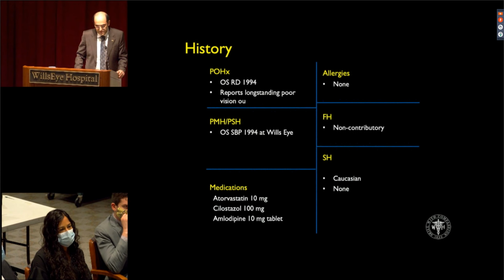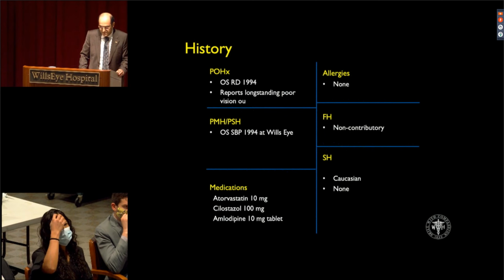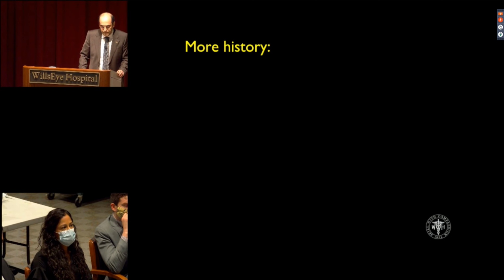As you described, this patient had a history of RD in the past and underwent scleral buckle at Wills Eye Hospital. And the family history was non-contributory. The patient was Caucasian and didn't have any history of smoking and alcohol use. So what would you want to know at this point in terms of physical exam and history?